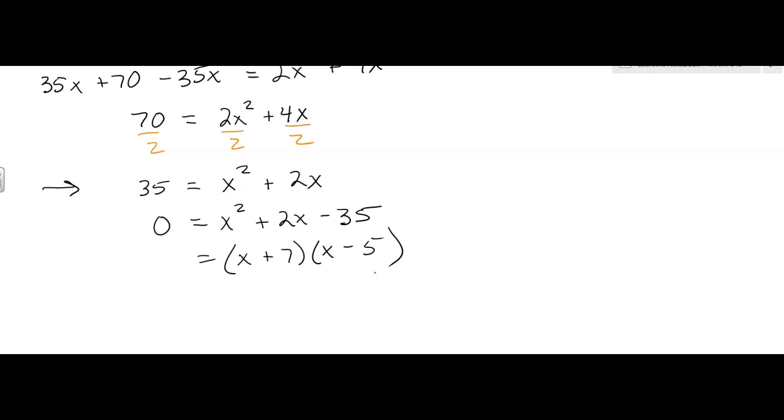Now, if you use the zero product property, you would get x equals negative 7 here and x equals 5 here. But x was what, his rate? And it's not going to be negative. So it's got to be the 5.